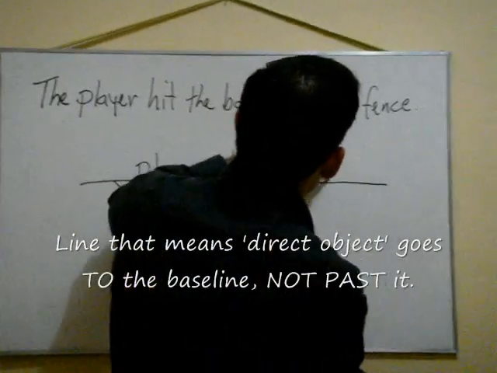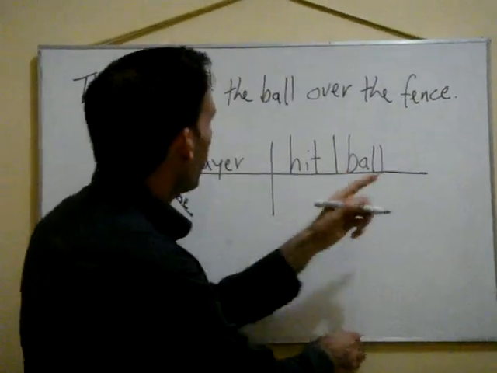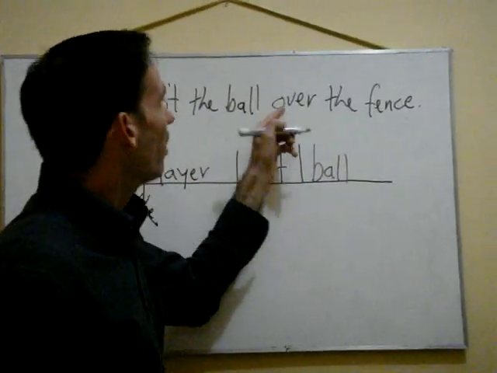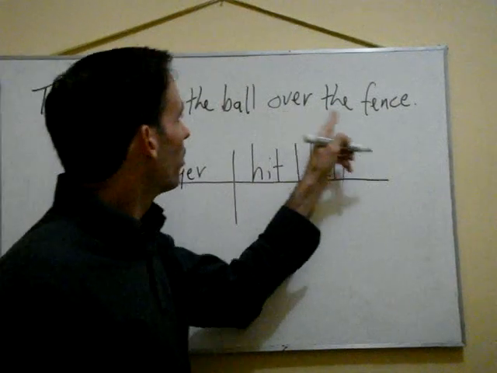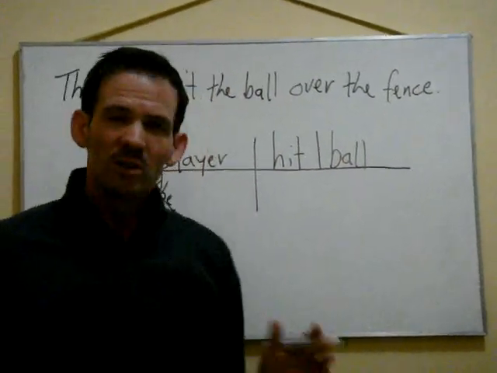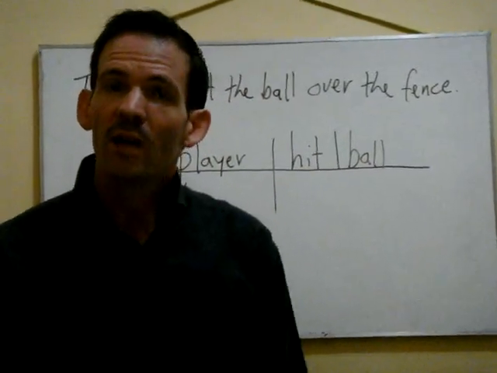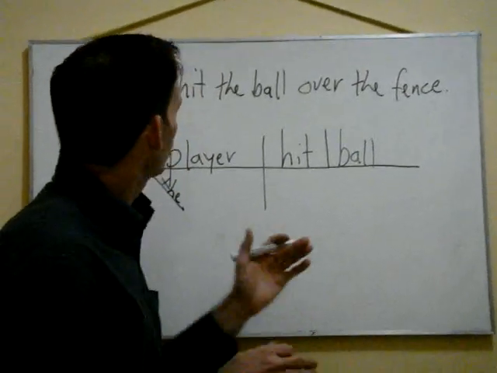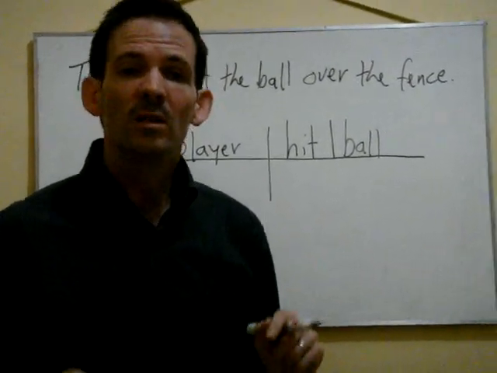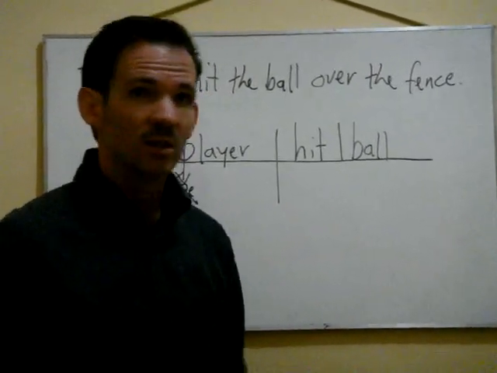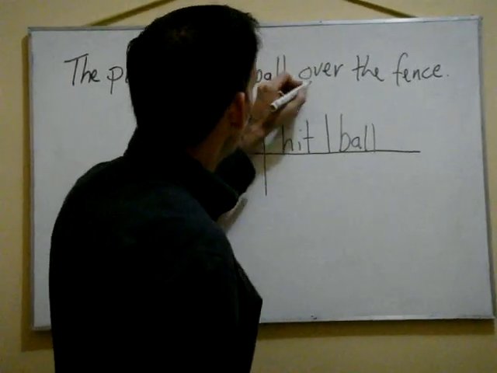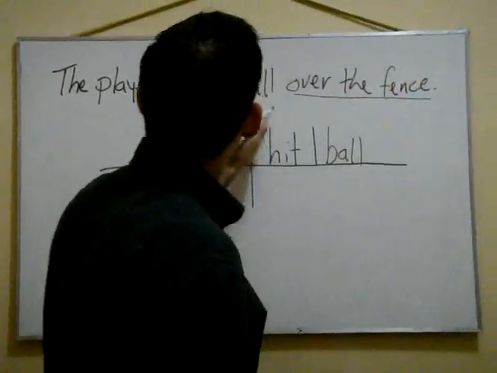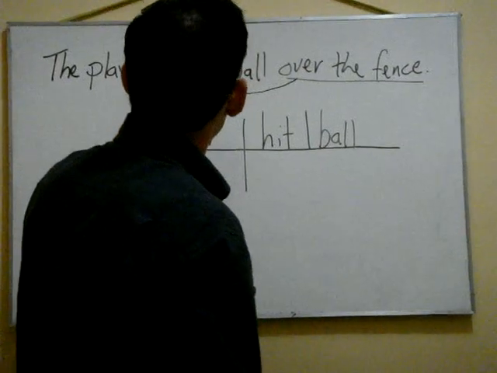Okay, so the player hit the ball, and here we have a preposition, over the fence. Now, is it acting as an adjective or an adverb? Is it helping to describe a noun, or is it helping to tell where the action took place? In this case, it's telling where the ball was hit.